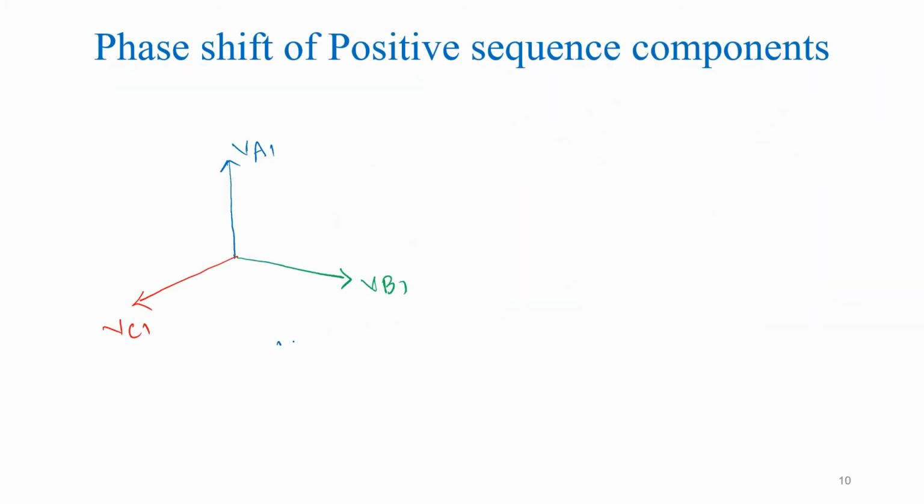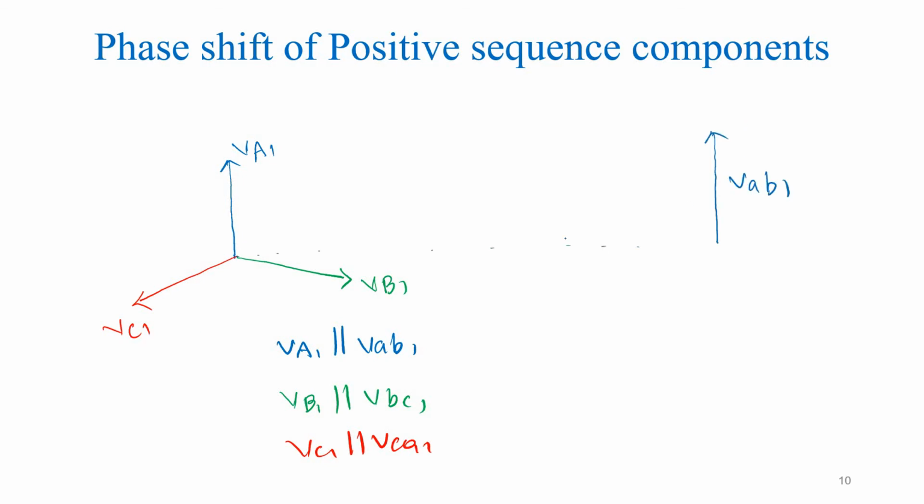Now look at here. The VA1 is parallel to VAB1 and VB1 is parallel to VBC1. VC1 is parallel to VCA1. Now let us represent this quantity as VAB1, which is parallel to the VA1. We need to represent VBC1 vector, which should be parallel to the VB1.